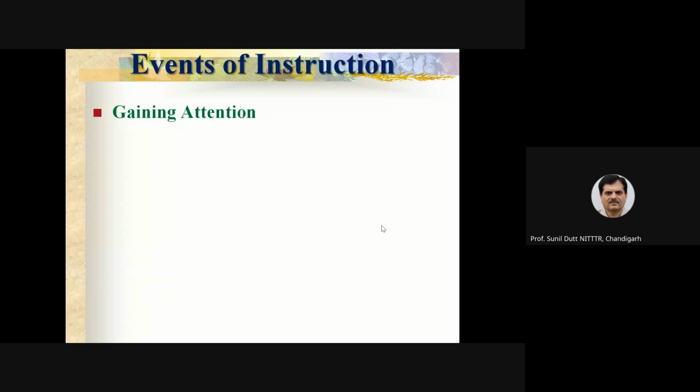Then another is oral visual switching. Oral involves sense of hearing. Visual involves sense of sight. Now you are speaking. Only students are hearing you, or some students are listening to you, because there is a difference between hearing and listening.